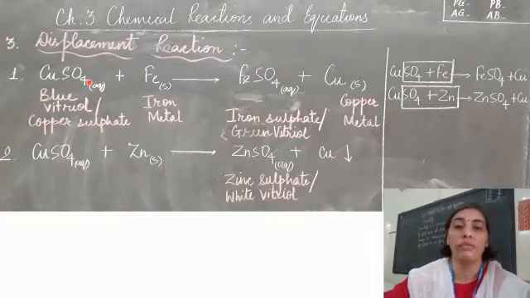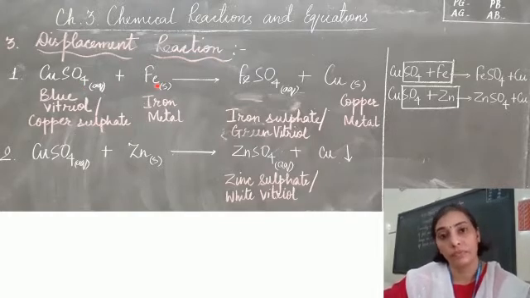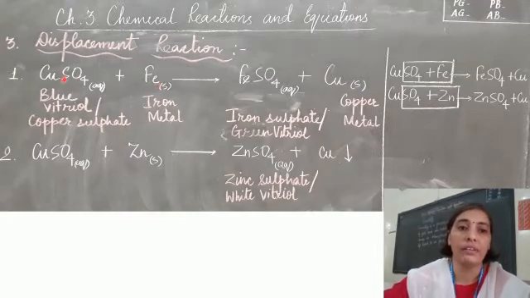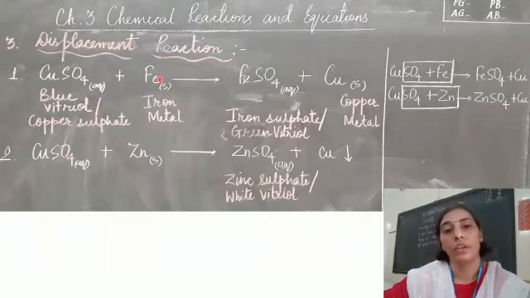If you want, you can refer to the metal non-metal lesson in our textbook and you will get this series over there. If you see that series, you find that the position of iron is above copper. Copper comes below iron. So this indicates that copper is less reactive and iron is more reactive.